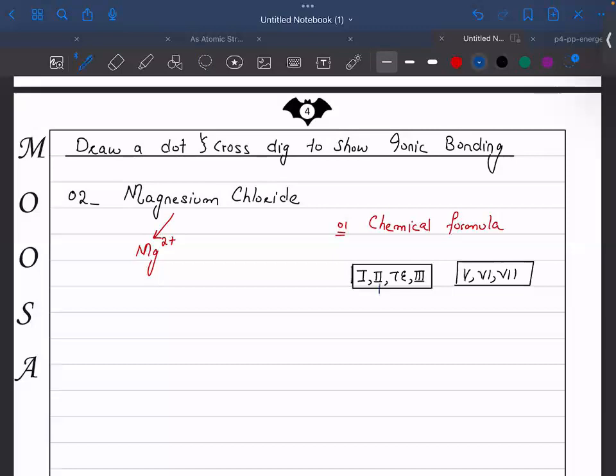So magnesium is from group 2 and chlorine is from group 7. Magnesium forms a charge of 2 positive and chloride comes from chlorine, right? And it is from group 7. So it forms a charge of -1. So the formula of the magnesium chloride would be the 2 over magnesium would go under the subscript of chlorine and 1 over chloride ion will go under the subscript of magnesium. That's what we learned for magnesium chloride, right? So this is MgCl2.